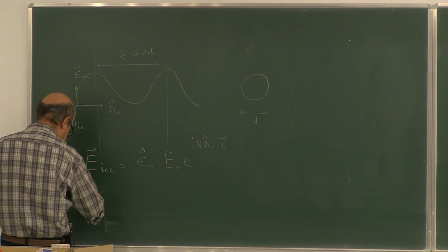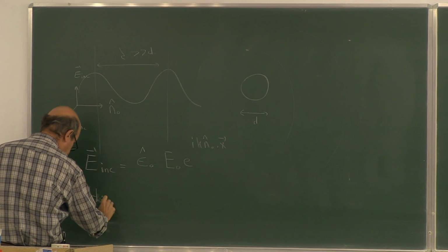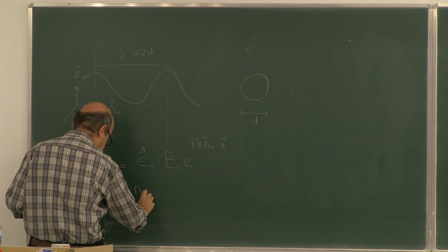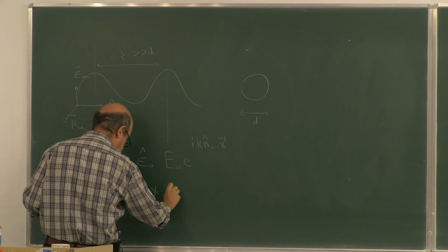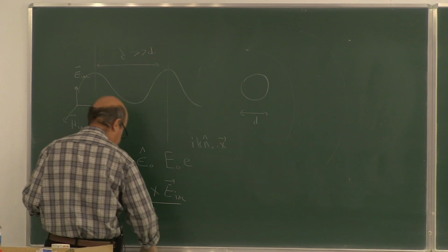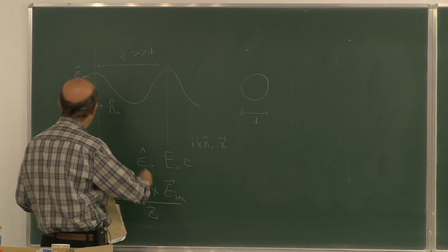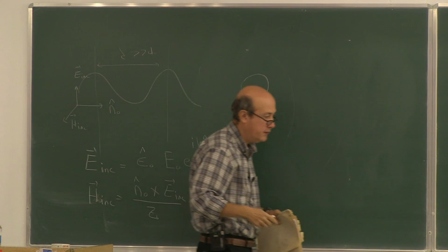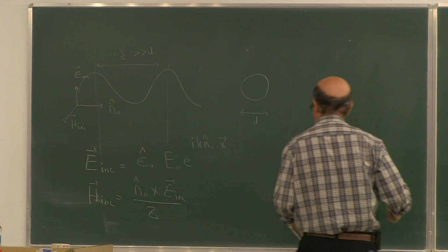And the incident magnetic field could be written as n0 cross E incident over the impedance.